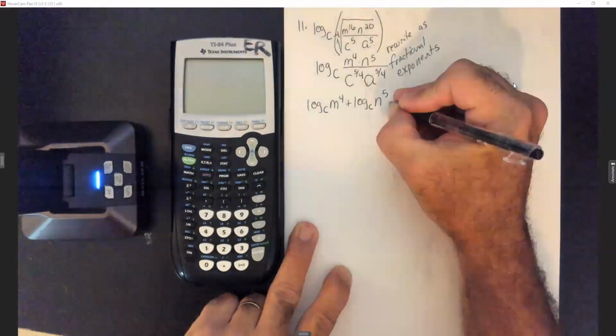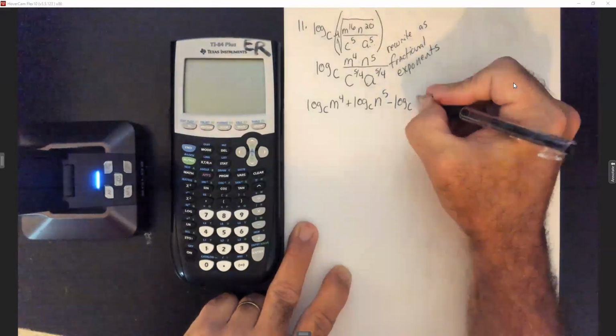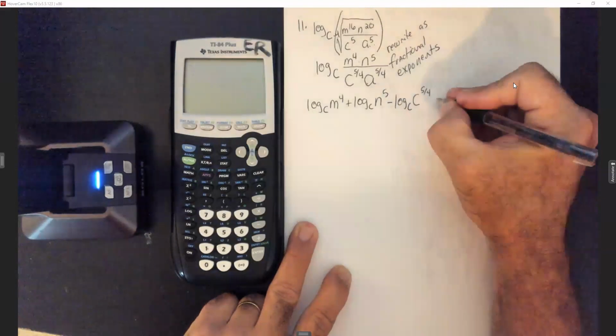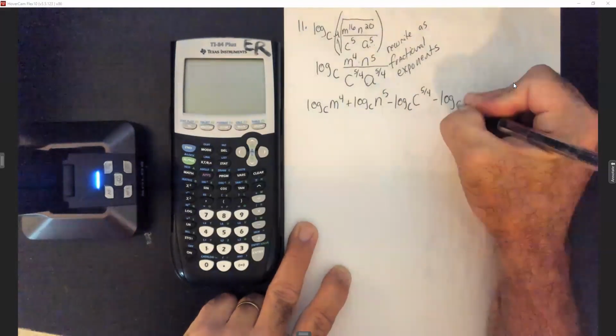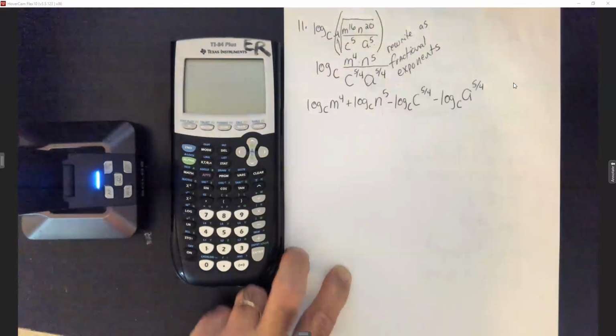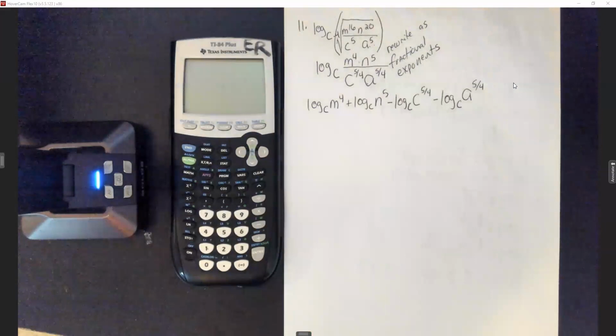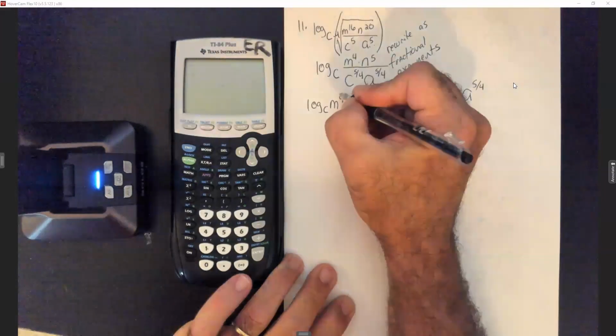So that'll be minus log C of C to the 5/4, minus log C of A to the 5/4. All right, y'all guess it. We're about to take all those exponents and shoot them down to the front.